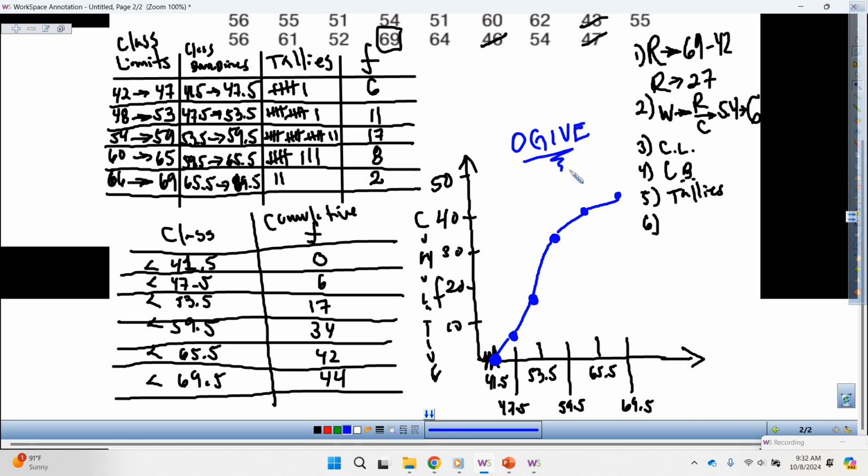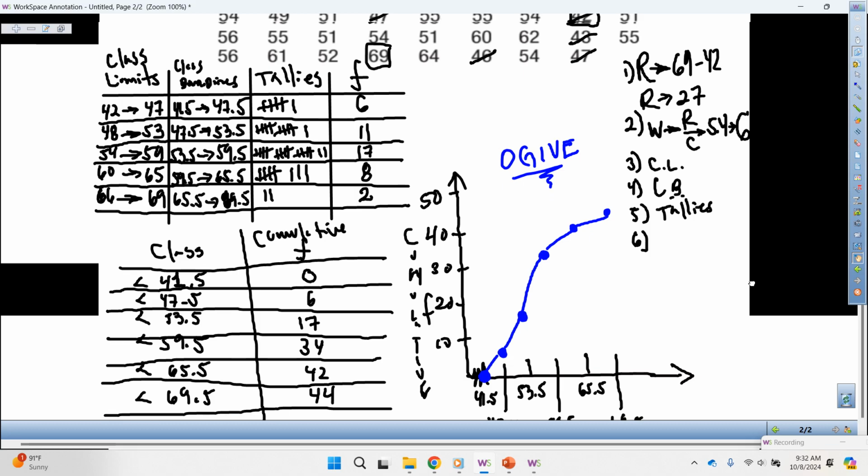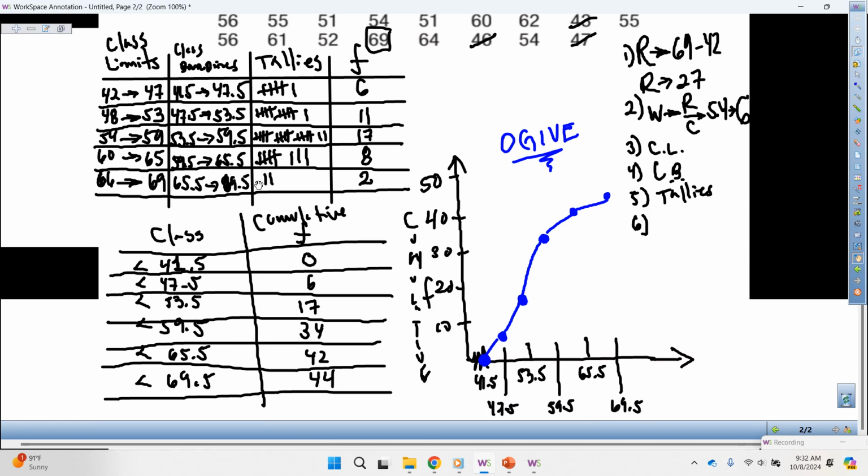All right. So I walked you through ogive. You are going to do the histogram for that data. Tell your neighbor what to do to this table right here to start your histogram. What's missing? Tell your neighbor. What's missing to start the histogram? Like Jay's got it. Very good, Jay.